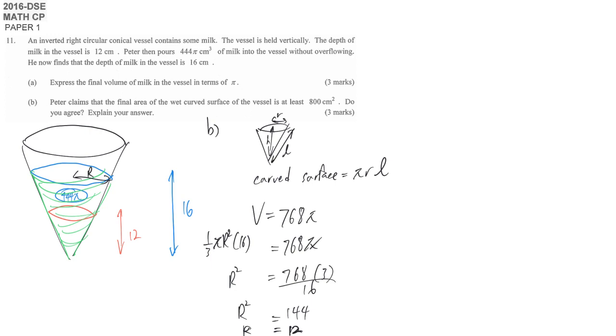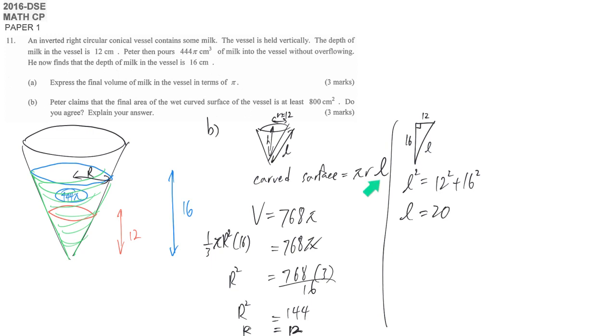We know that the base radius is 12. After that, we also need to know the slant height. If we just focus on the cross-section, this is a right-angled triangle. The height is 16, the base is 12. So by the Pythagoras theorem, L squared is equal to 12 squared plus 16 squared. Or if you know it is 3-4-5, then we get L is equal to 20 directly.